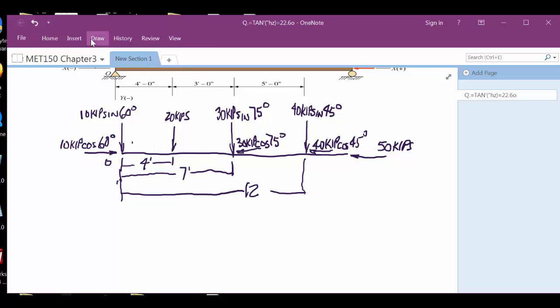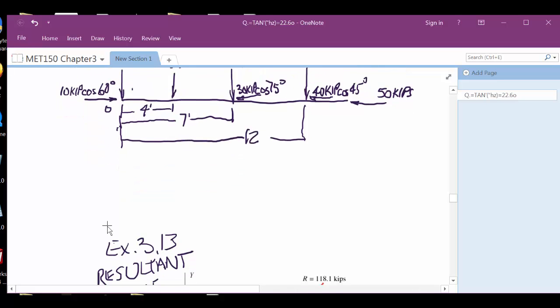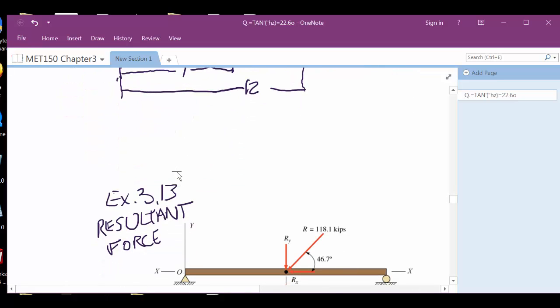See where it says select next to the eraser? Here, lasso. That'll let you highlight a whole section and move a whole section. So draw around it. And then now you can move the whole thing. Oh, crap. Still in lasso mode, huh?